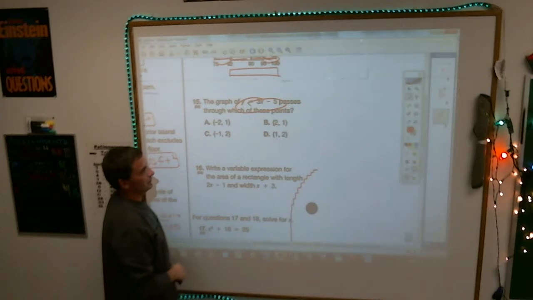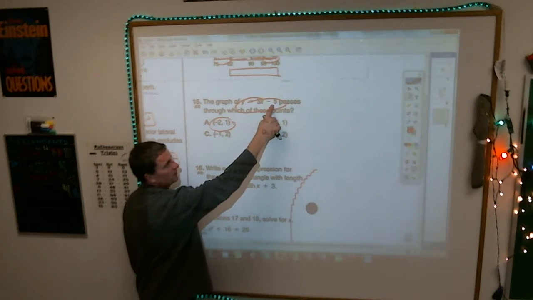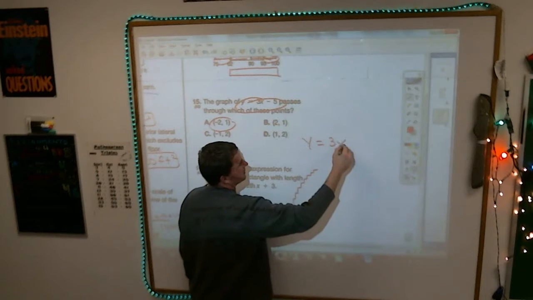To figure out number 15, I guess there's 1 of 2 ways. You could either graph it, or you can take these points, put them into this equation and see if they work. Y equals 3x minus 5.